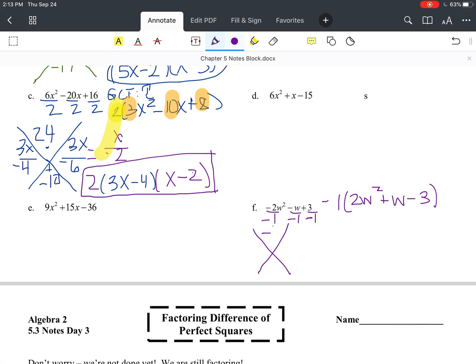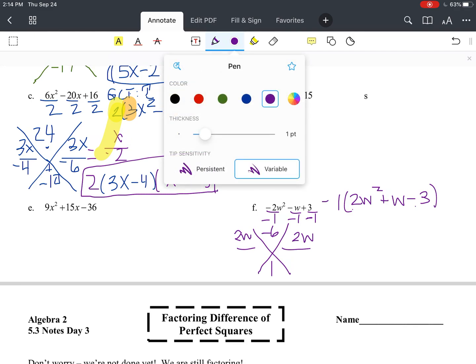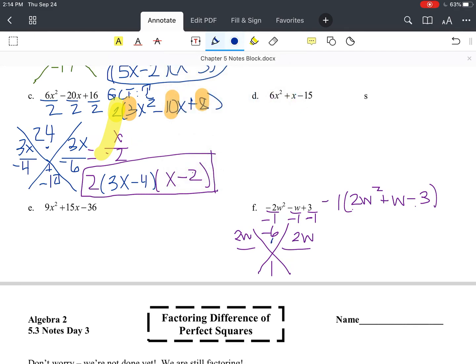I'm going to set up my x like always. Negative 6 goes on top because I'm going to do 2 times negative 3. My bottom is 1. There's nothing in front of w, so it's just assumed to be 1. I'm going to have 2w and 2w on the top of my fraction.